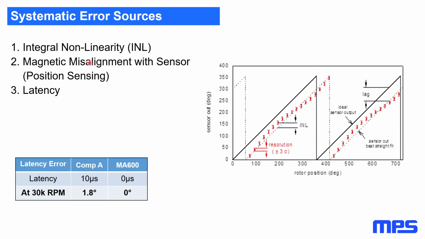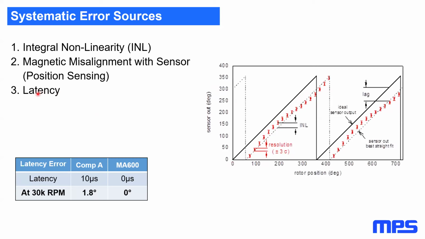INL, both intrinsic and due to misalignment, can be calibrated with a kind of lookup table. We do some kind of piecewise linearization. We have parts here at MPS that have automatic calibration where you can rotate the magnet one time, record the actual errors, and then it will populate a table that's in the sensor and calibrate that out.